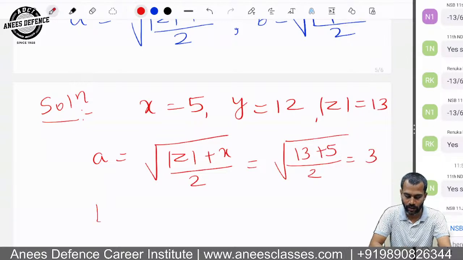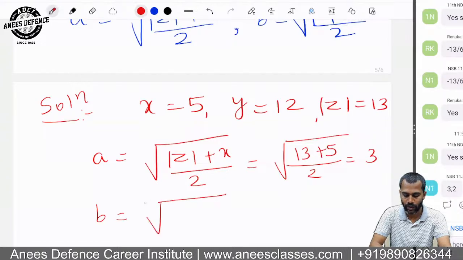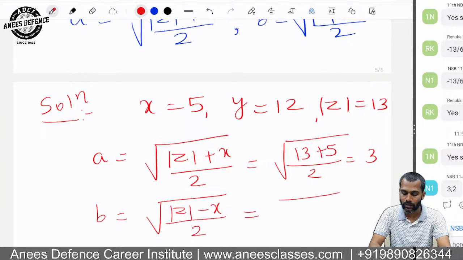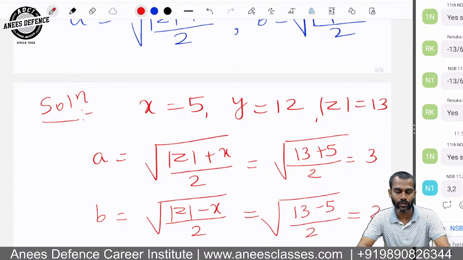Now similarly, we have to find b. The formula is the square root of modulus of z minus x divided by 2. That is 13 minus 5, which is 8 by 2, which is 4. Square root of 4 is 2. Understood?